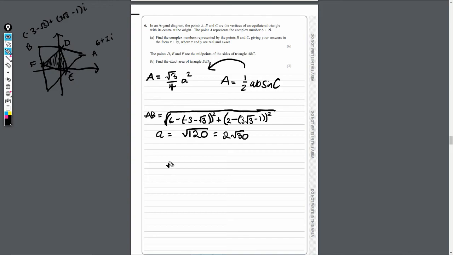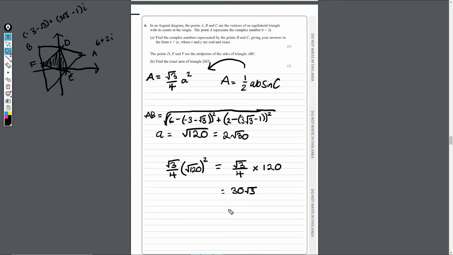So root 3 over 4 times A squared, where A is the square root of 120, all squared. Well, this now will be root 3 over 4 times 120. This will cancel, 120 over 4 gives me 30. So this is 30 lots of root 3.